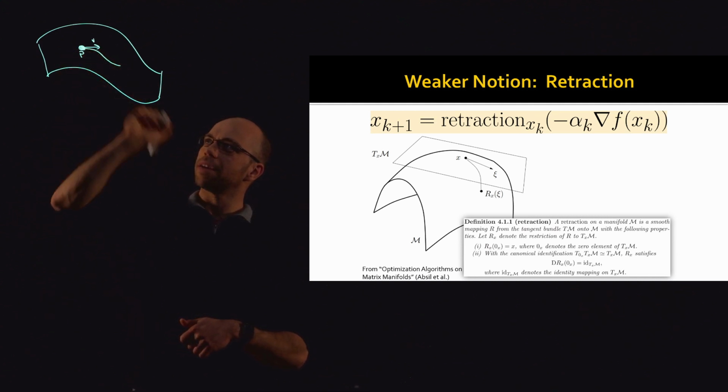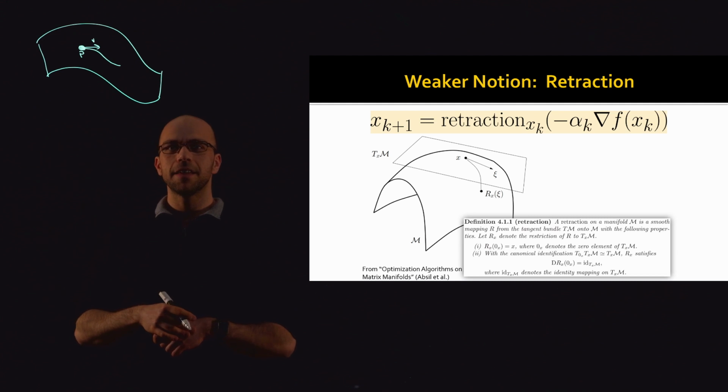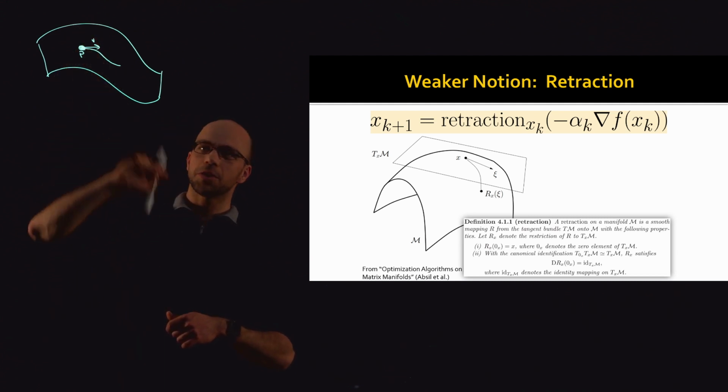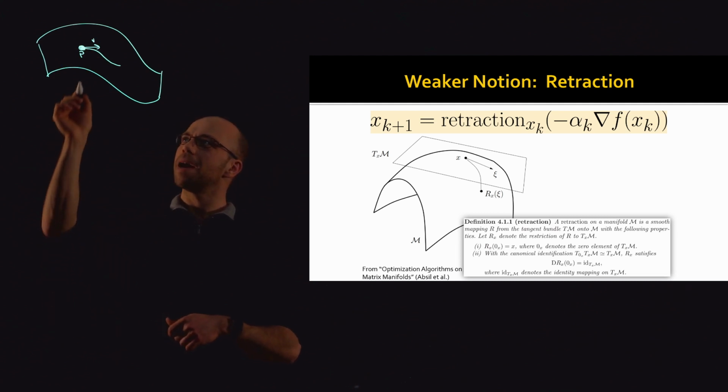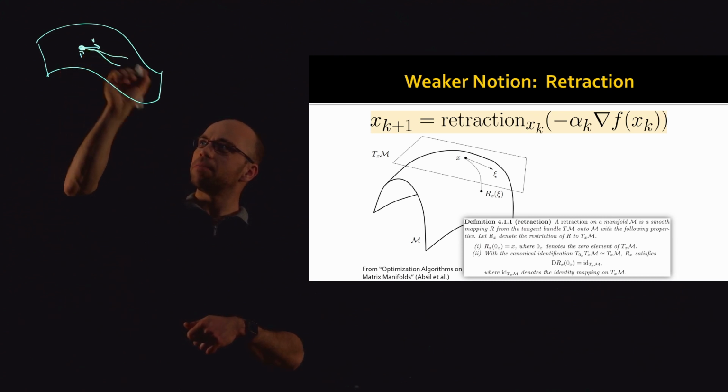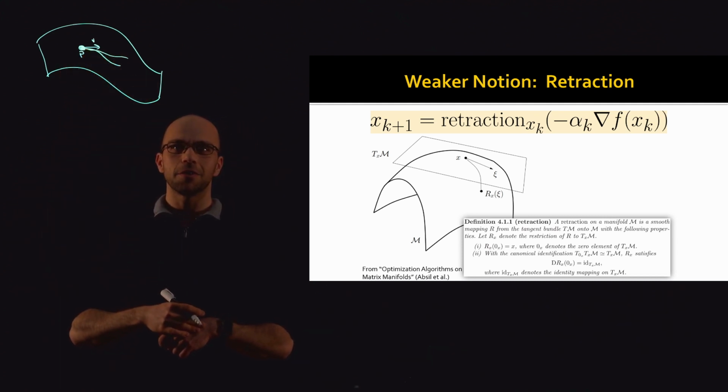So maybe some curve like that. Then this definition of retraction says that if I put V into the retraction instead of into the exponential map, as the norm of V increases, initially it has to agree with my curve, but then they might diverge later on for bigger norms.